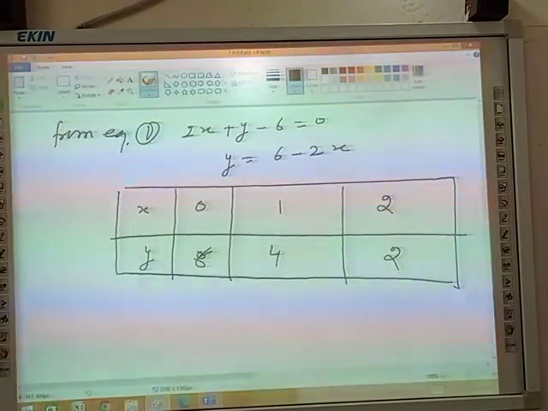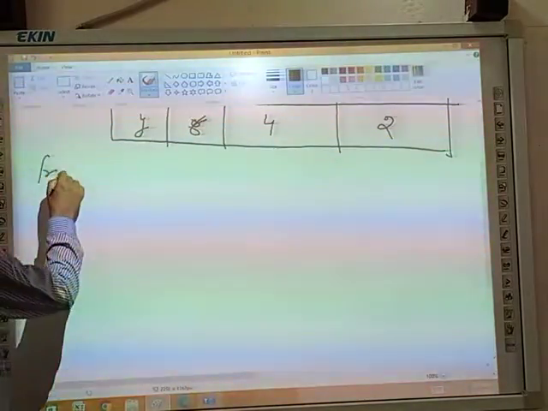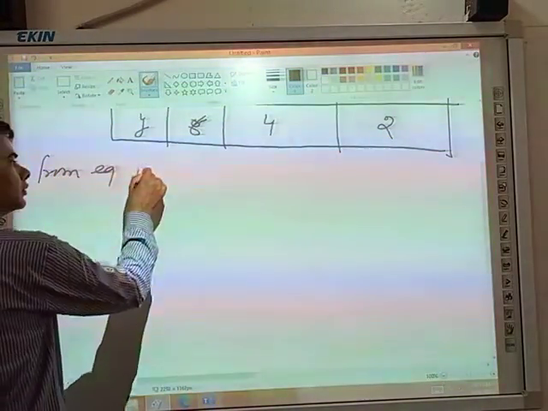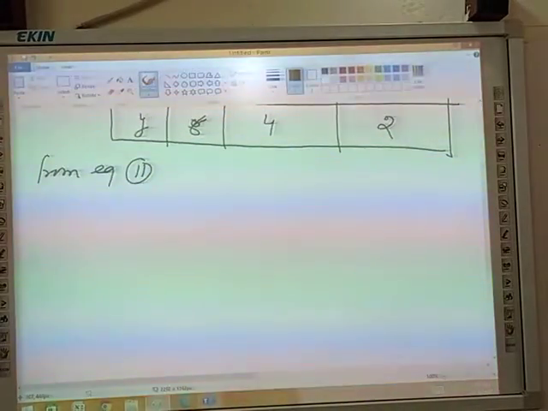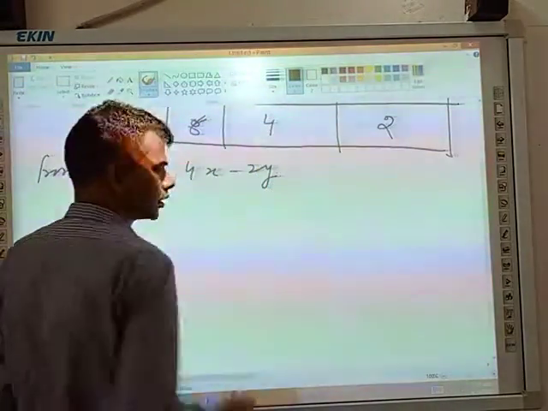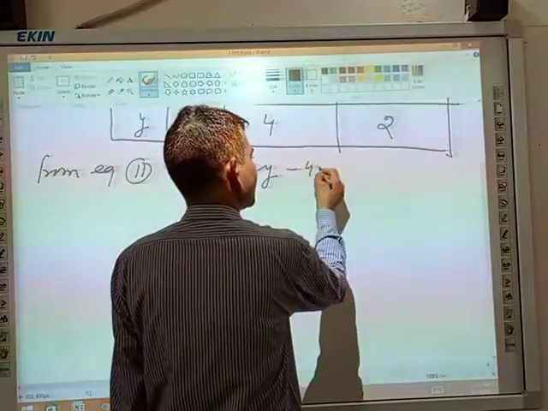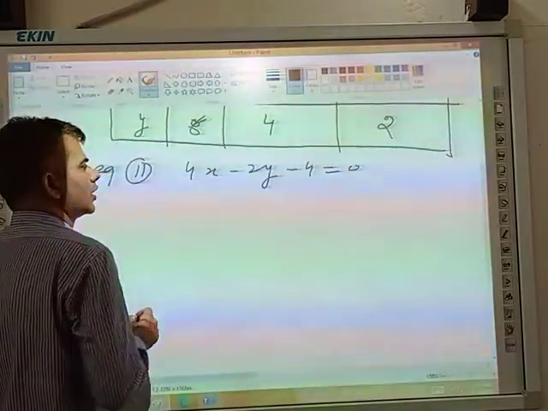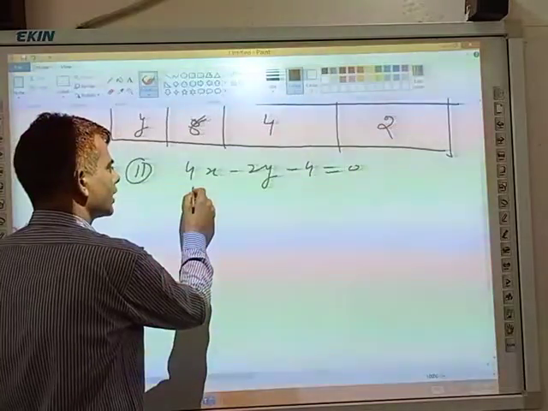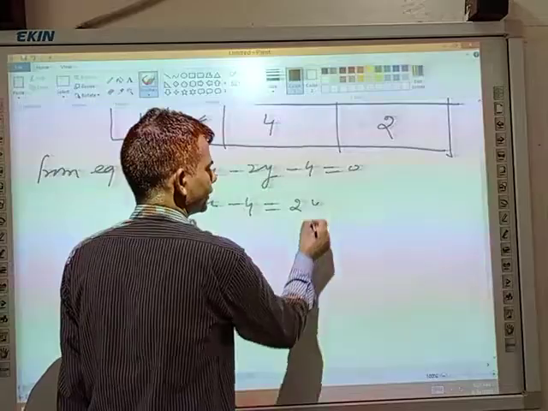From equation second, 4x minus 2y minus 4 equal to 0. Now students, 4x minus 4 is equal to 2y.